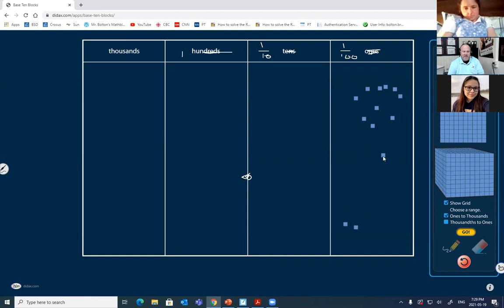Can I take 10 of these dots? 1, 2, 3, 4, 5, 6, 7, 8, 9, 10. I can take all of those and replace them with one of those, because all I'm doing is exchanging them, right? Let's get rid of these guys now because these are all gone.